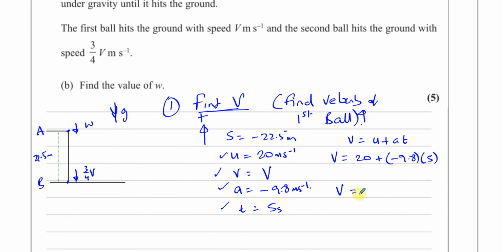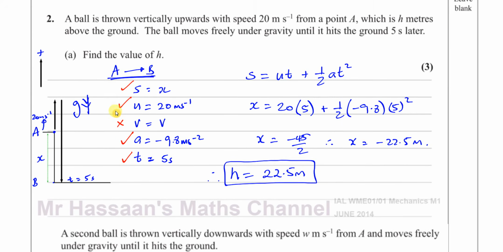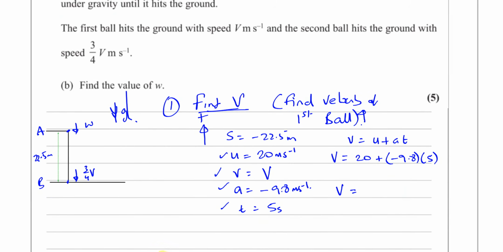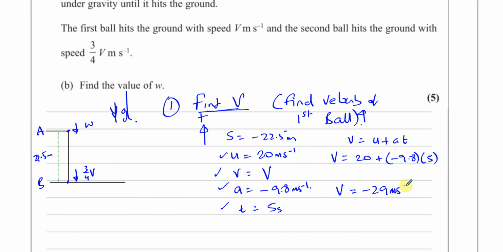So 20 plus negative 9.8 times 5 gives us negative 29 meters per second.